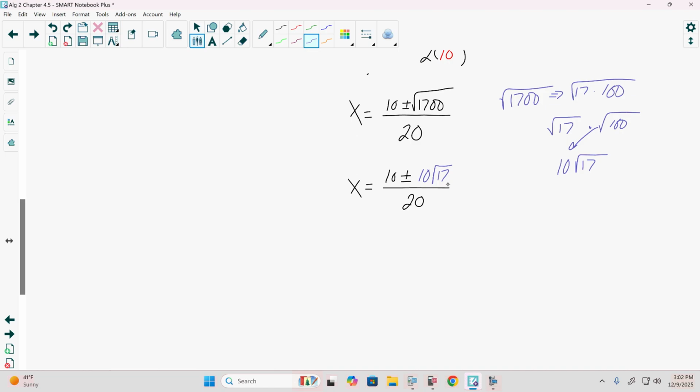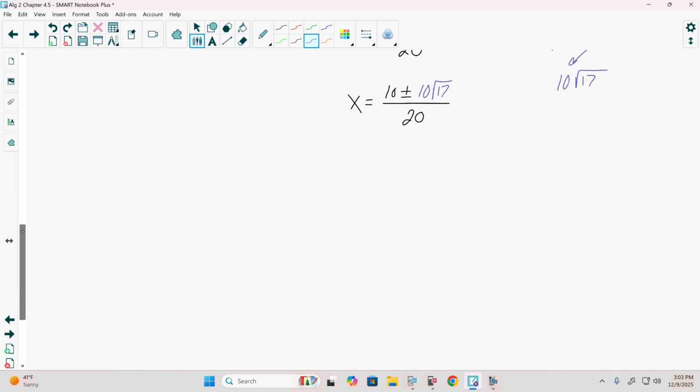Well, we can say this is the final answer as long as the numbers on top do not have anything common with the number on bottom. Do 10, square root of 17, and 20 have a common factor? Yeah, 10, 10, and 20 are all divisible by 10, yes?